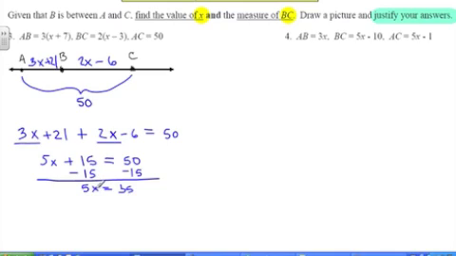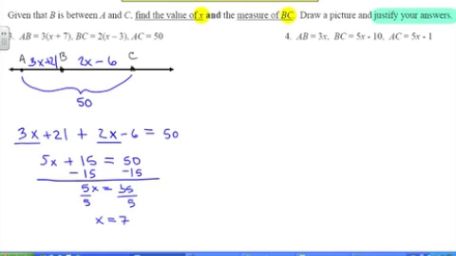And now I have x and a number all by itself here. It's being multiplied by 5. How do you undo multiplying by 5? Well, divide by 5. And that will undo that. And 35 divided by 5 is 7.